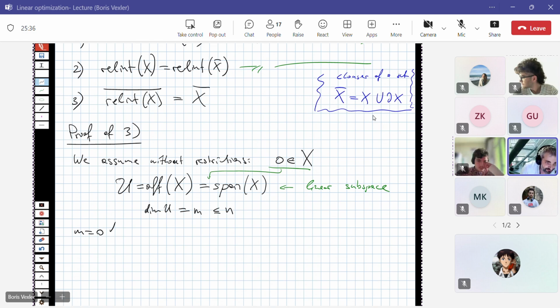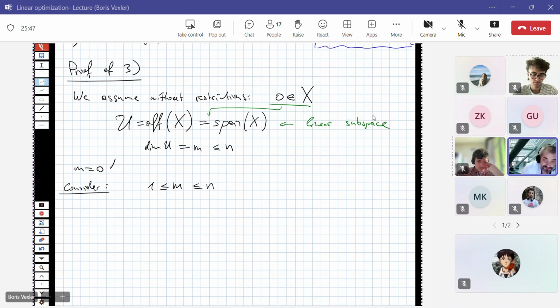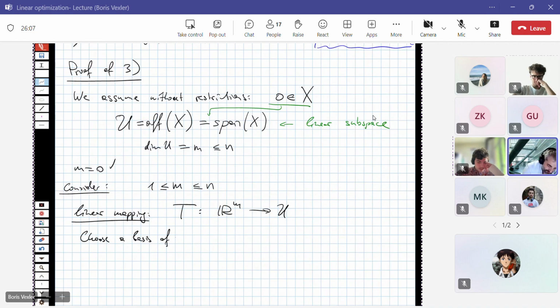Okay, and therefore we consider always the case that m is larger or equal than 1 and less or equal than n. And then we did it last time. We considered a linear mapping T, which maps R^m to U. How we define this mapping: we just choose a basis of U, let's say b1, b2 up to bm.